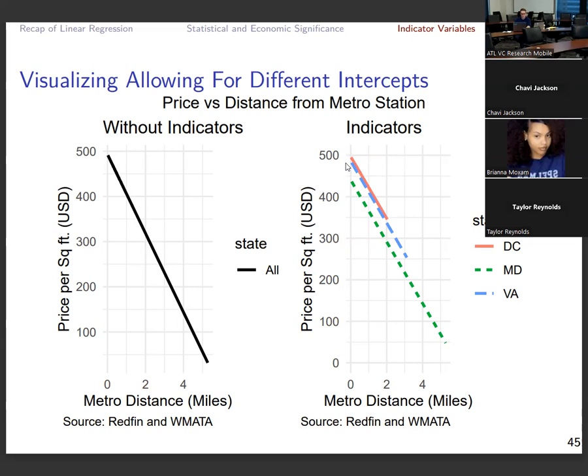That's the question we need to ask and answer. And the same thing about Maryland: is this intercept here statistically significantly different from these two? We'll find out whether or not we can address those questions, okay? That's where we're trying to work towards.